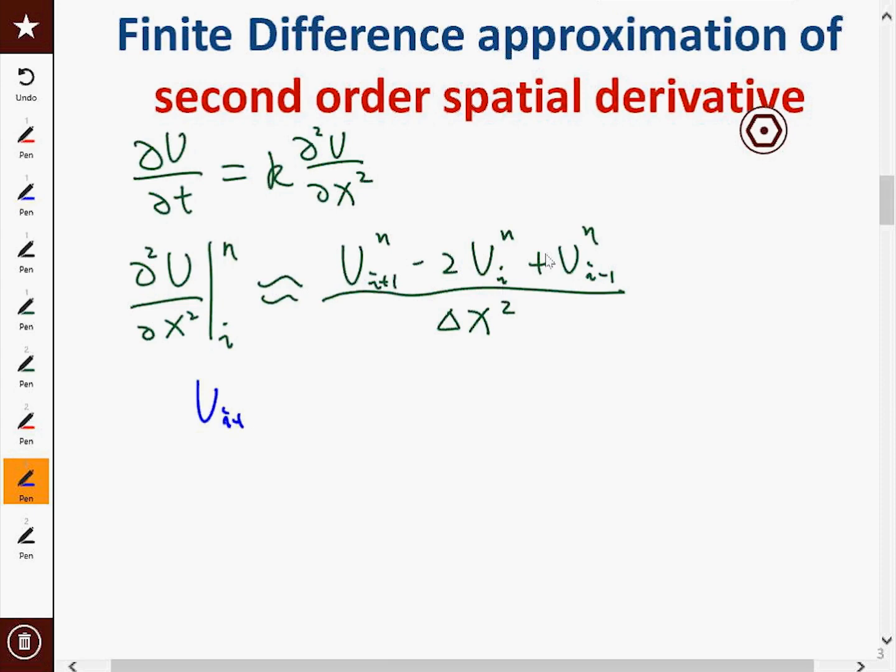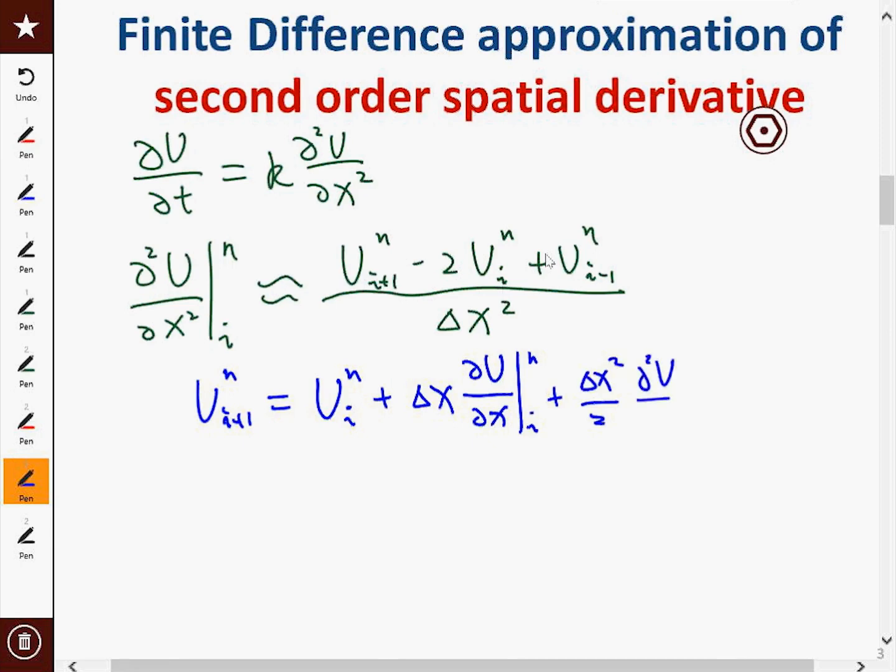You can show that by doing Taylor series analysis. u of i plus 1 n can be expanded as u i n plus delta x times the partial derivative of u with respect to x at i n, plus half of delta x squared times the second derivative of u at i n.